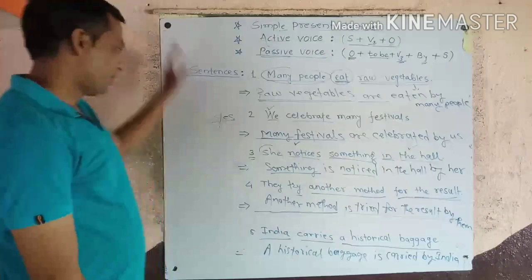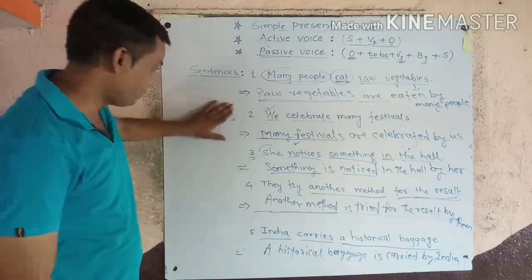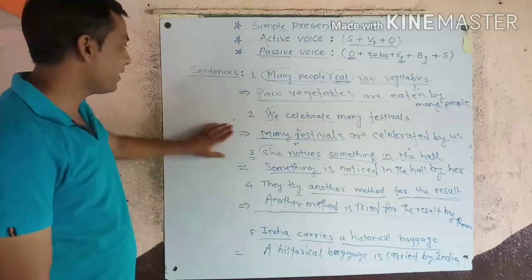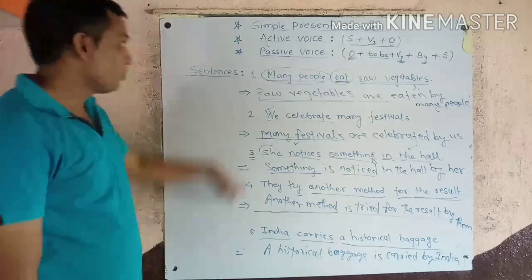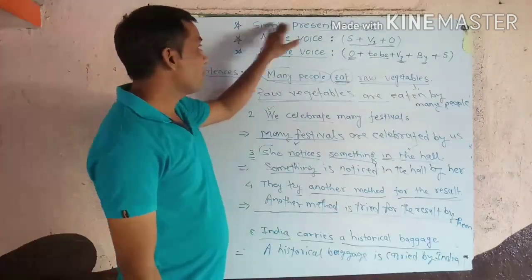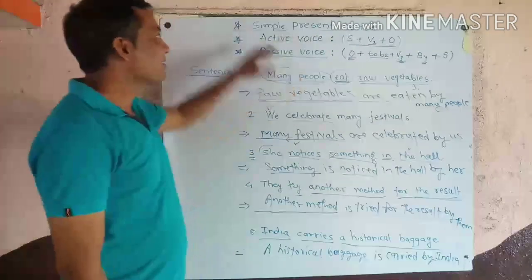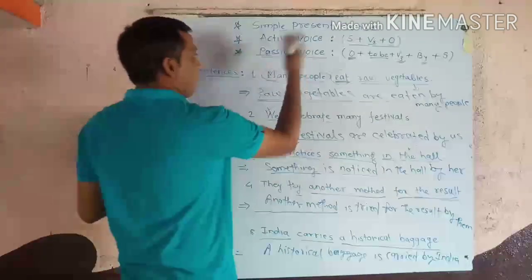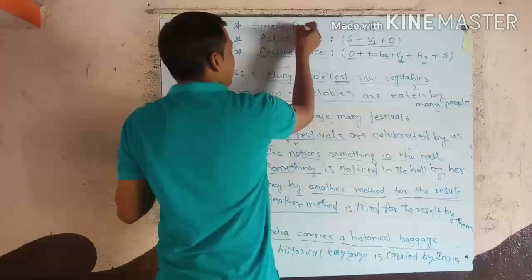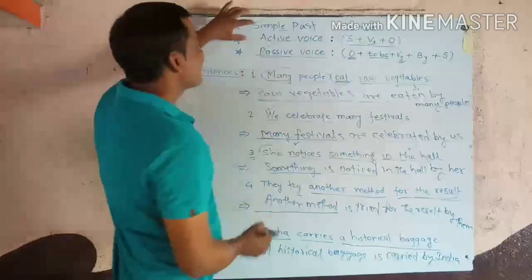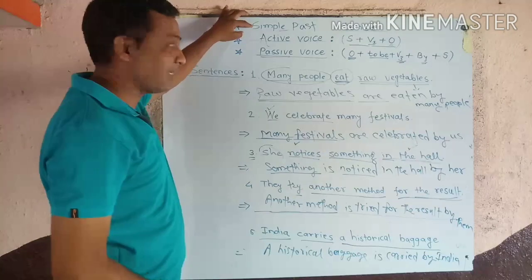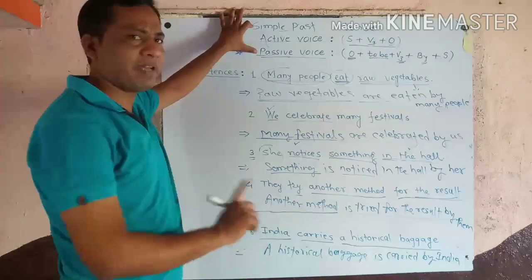So here is the list of some active voice sentences which are converted into passive voice. These are sentences of simple present tense, but you can easily learn the next tense, simple past, too. For example, if you want to learn how to convert sentences of simple past tense into passive voice, it is very easy.